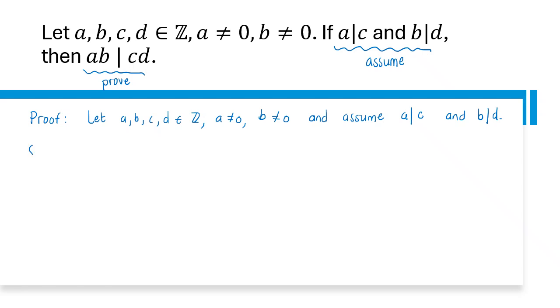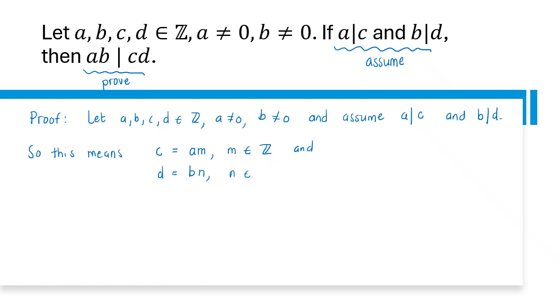So this means, let's just elaborate using our definition. It means C can be written as a product where A is one of the factors. So again, let's say C is equal to AM, where M is some integer, and D can be written as a product where one of the factors is B. And again, just to be as general as possible, we use a different integer here.